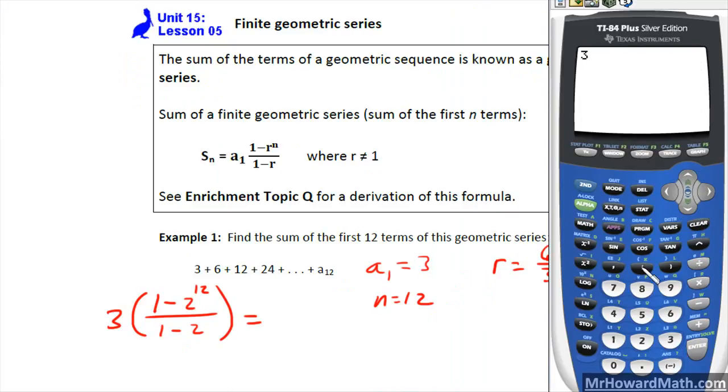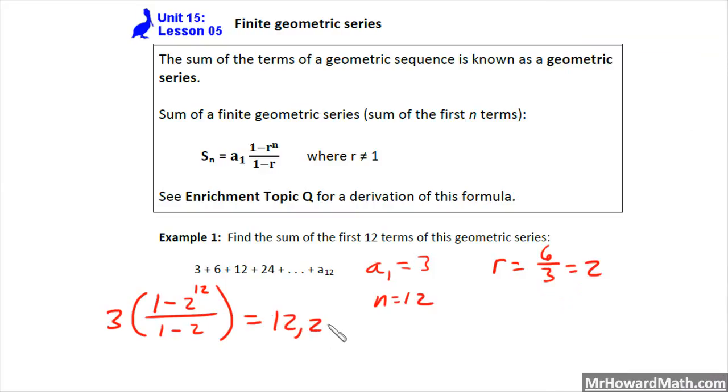I'm going to use my fraction button just to make it easy here: 1 minus 2 to the 12th in the numerator and 1 subtract 2 in the denominator. So that would be 12,285 is our answer there. So that is it for example 1.